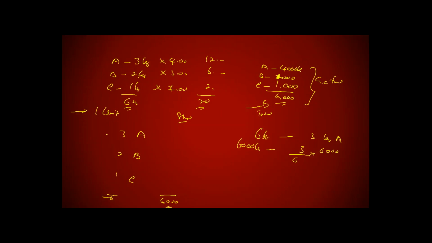There's a standard mix, right? To prepare a cake, you need 3 kilograms of A, 2 kilograms of B, and 1 kilogram of C. So when you mix 3 plus 2 plus 1, you mix up 6 kilograms.